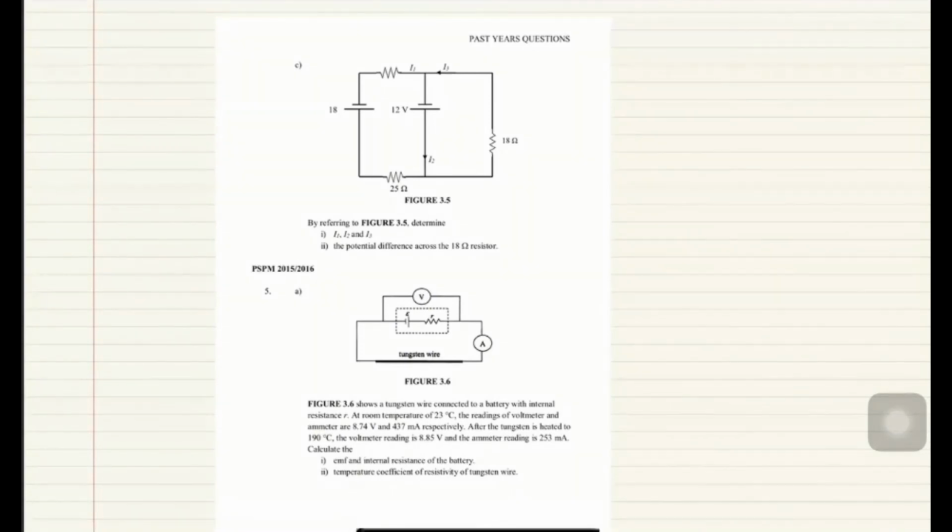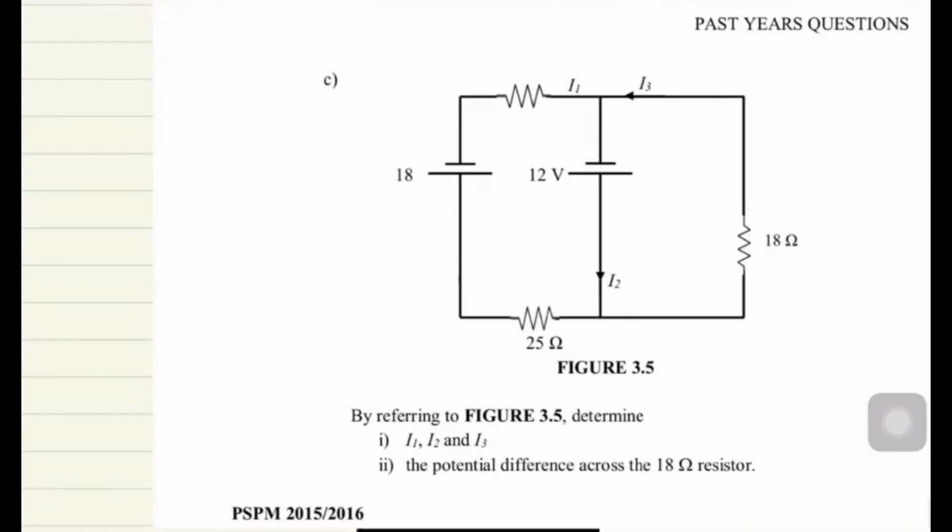Chapter 3. Nilai kat atas tu adalah 16 ohm. Okay, sepatutnya kat sini adalah 16 ohm.